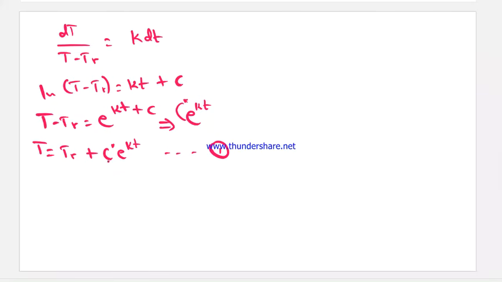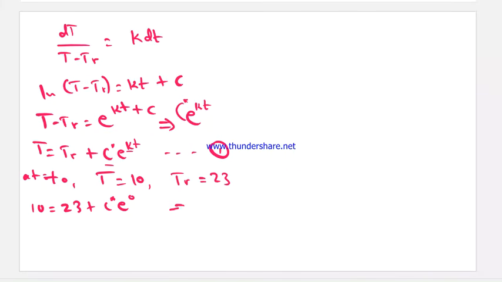So our task is to find c as well as k. At t equals 0, the temperature of the thermometer is 10, and the temperature of the room is 23. So we can substitute that into equation 1. That means 10 equals 23 plus c star exponential 0, because k times 0 is 0, and that will be 1.